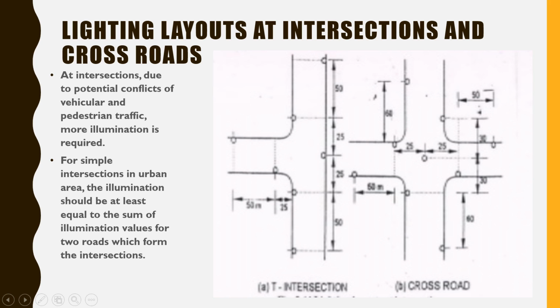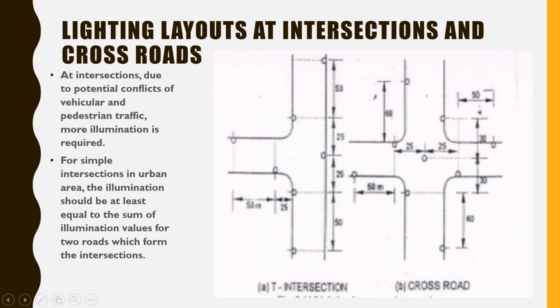Now in crossroads, this central light is again 25 meters from the adjacent staggered light, and it is 60 meters in the case of crossroads on the straight portion. This is your 60 meters.